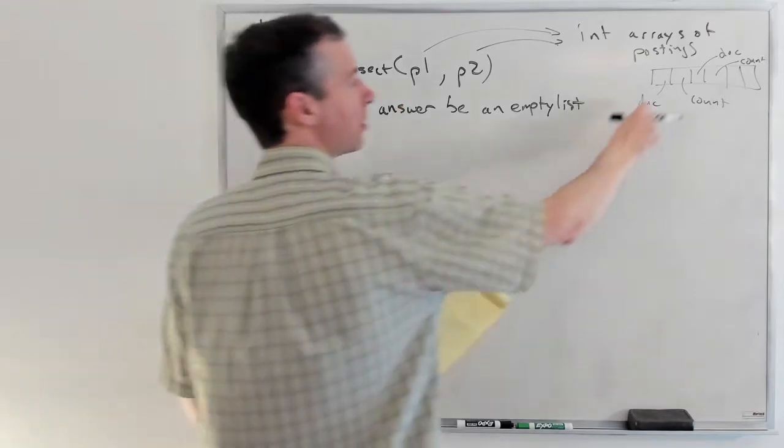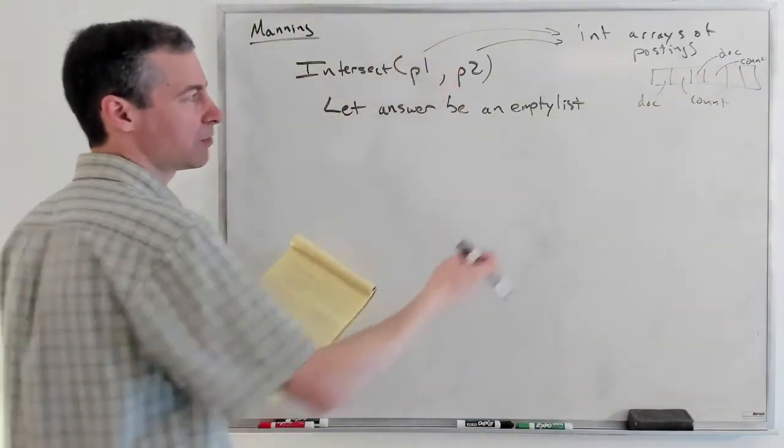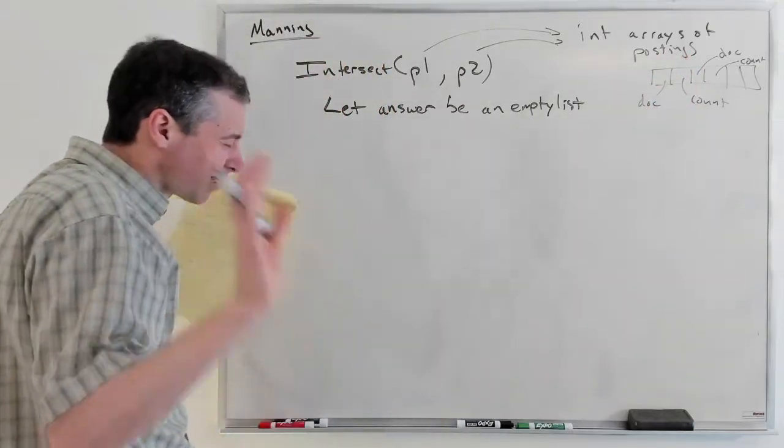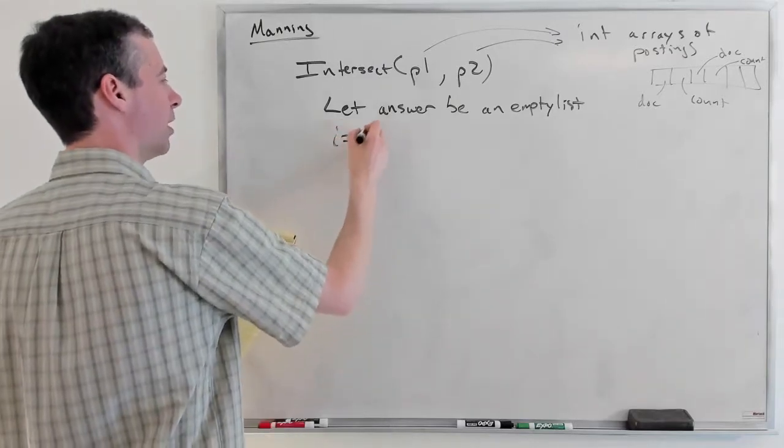So you could just leave it as the default integer, which would be a 0. Anyway, let's not worry about that. Let's look at this and run through it.